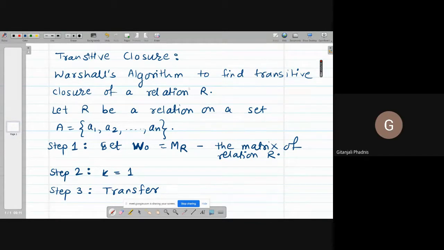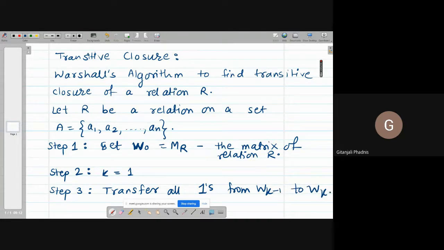So we will transfer all those ones as they are to W1. Transfer all ones from WK minus 1 to WK.